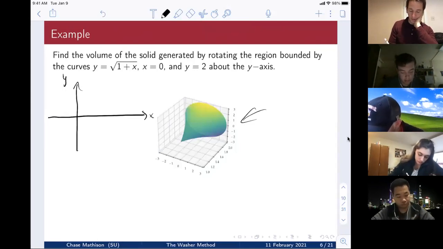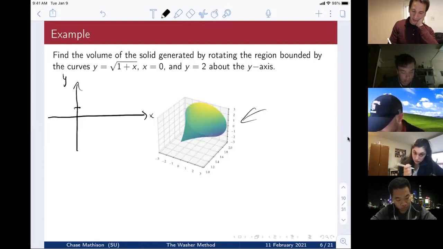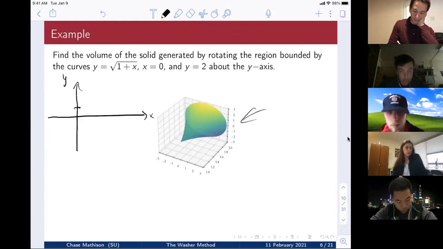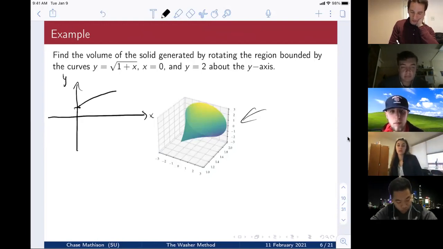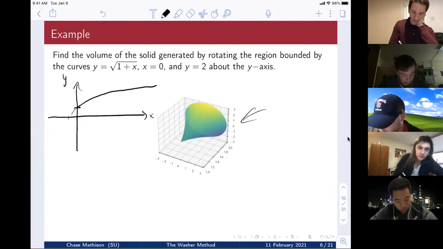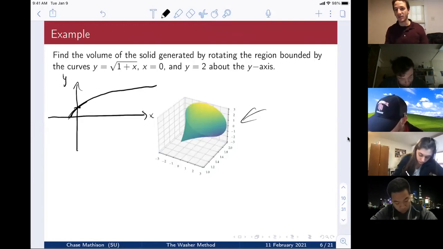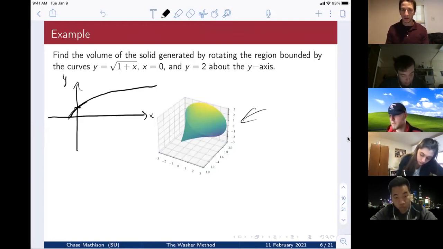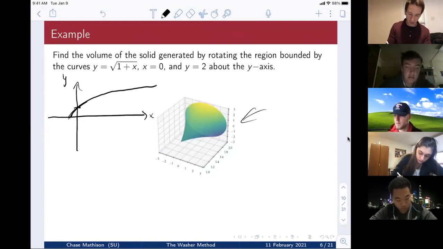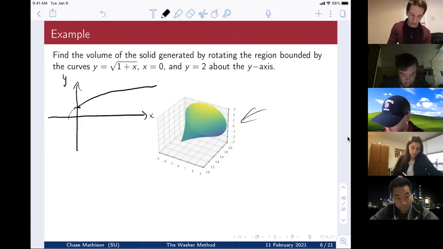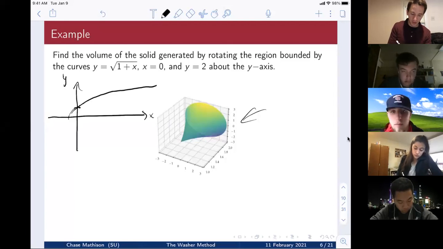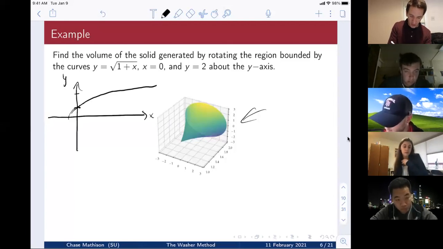When x is 0, y is 1. Then we have y equals 2. When we graph this, it looks like the normal square root function, but shifted over to the left by 1 unit. We're really ignoring that part, but I'll draw it in so you can see the whole shape. So we're taking that curve, then we're taking y equals 2.